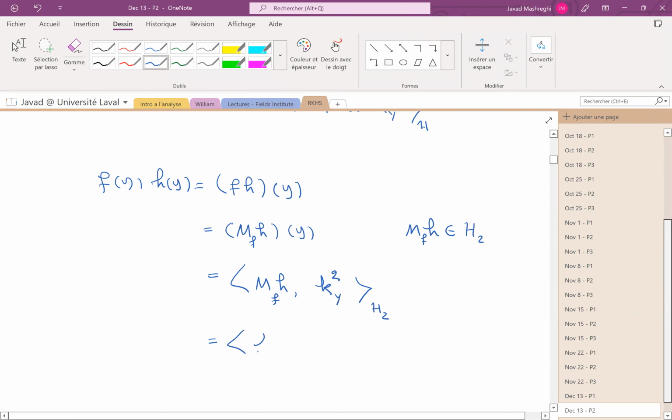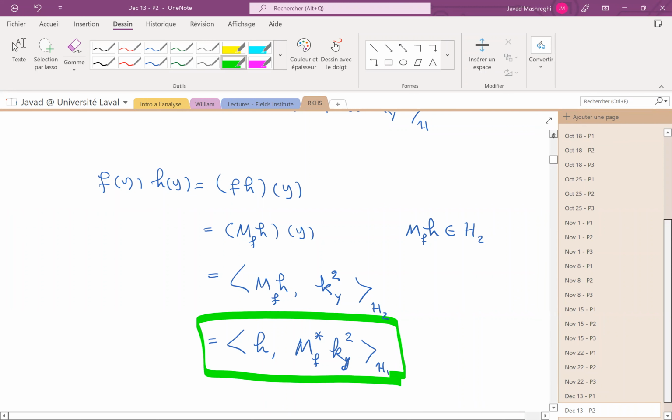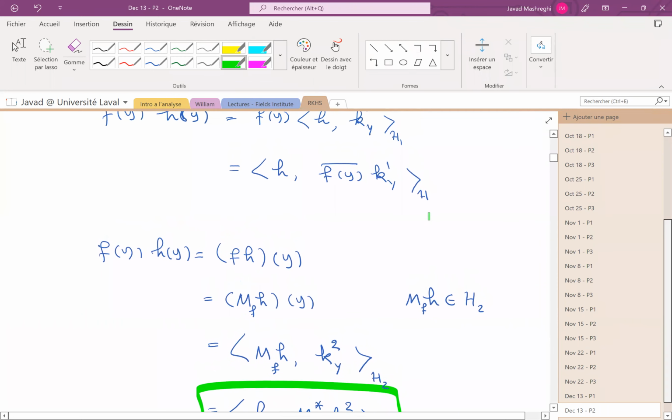So this becomes the inner product of h and M_F star K_y^2 in H1. And now compare this one with this one. For any h, these two are equal.